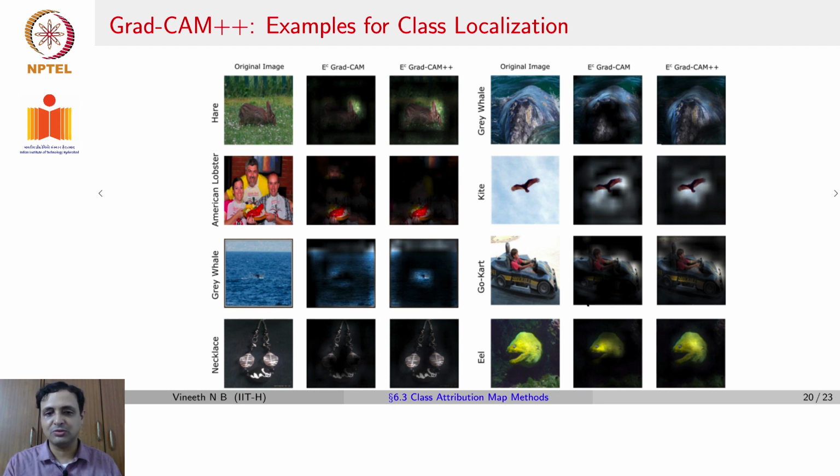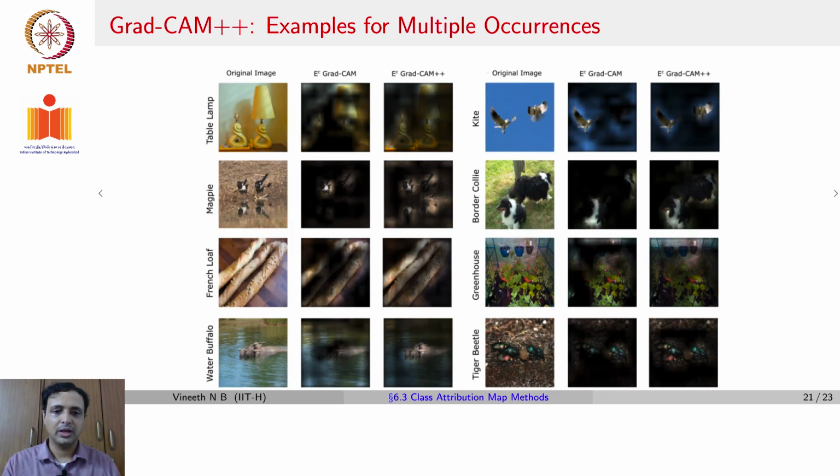You see a similar set of images for another grey whale here, a kite, a go-kart, and an eel, where Grad-CAM++ localizations improve over Grad-CAM by considering the pixel-wise weighting strategy. Here are more examples of Grad-CAM++ for multiple occurrences of objects. Once again, improved performance over Grad-CAM.